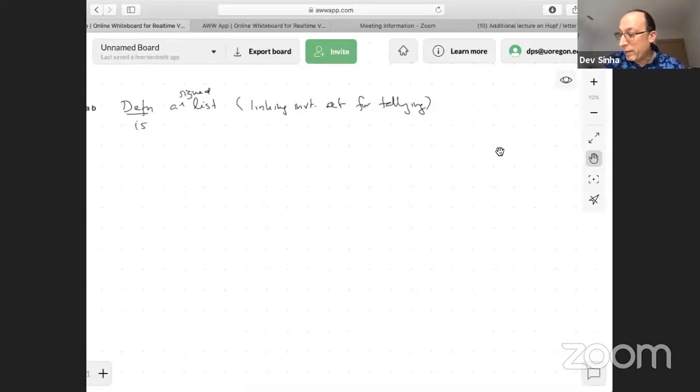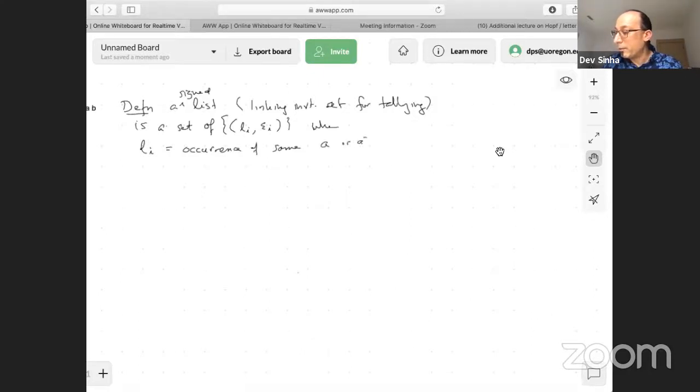It is an unordered set, which can have repeats, a multi-set, if you will, of pairs Li, epsilon i, where Li is just some letter, an occurrence of some generator A or A inverse in our word W, and epsilon i equals plus or minus 1.